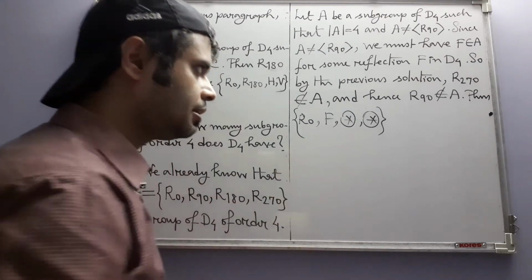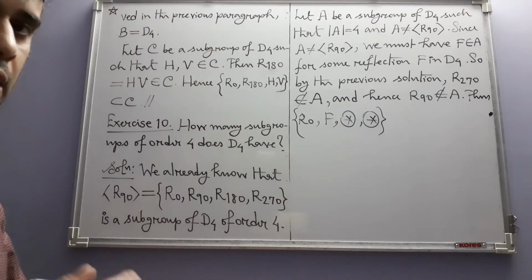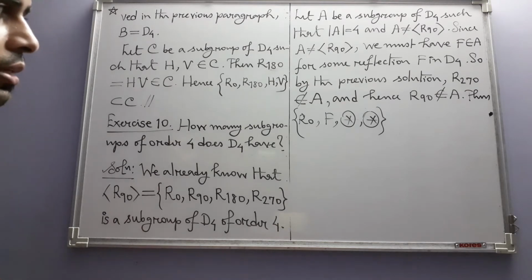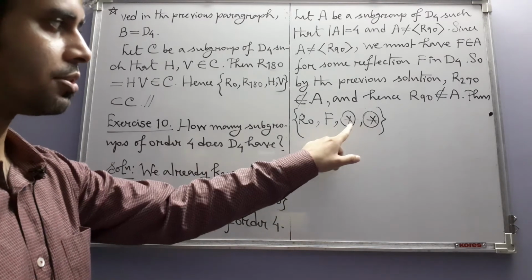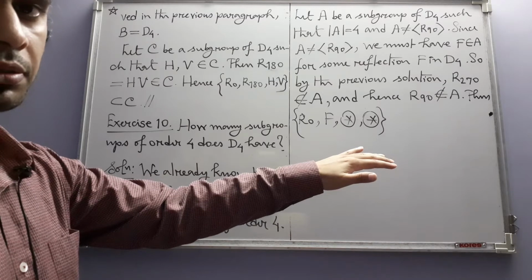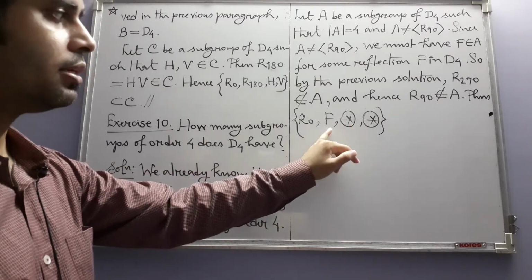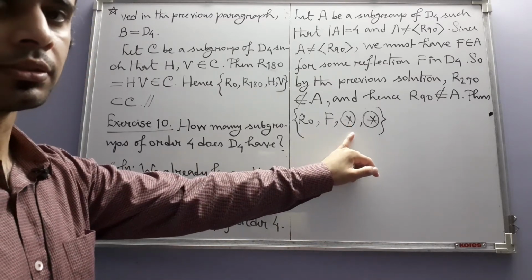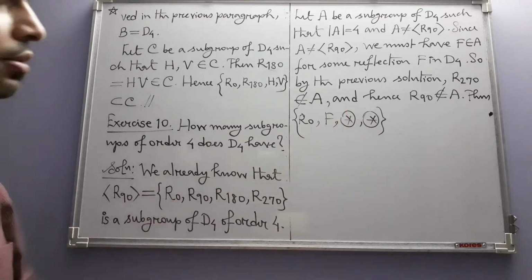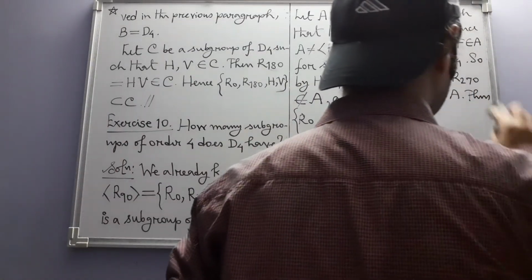If R180 is there, then fine, because that's what we want. If R180 is not there, then there must be some other reflection, and combining these 2 different reflections, we will get R180.